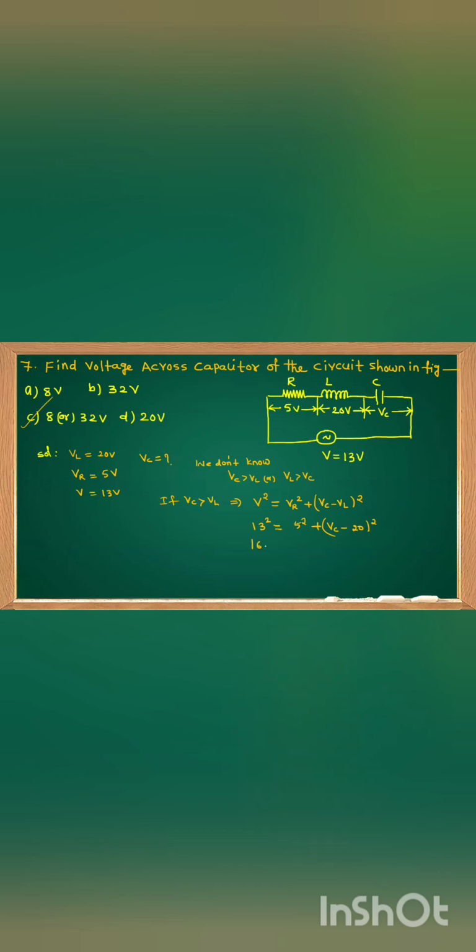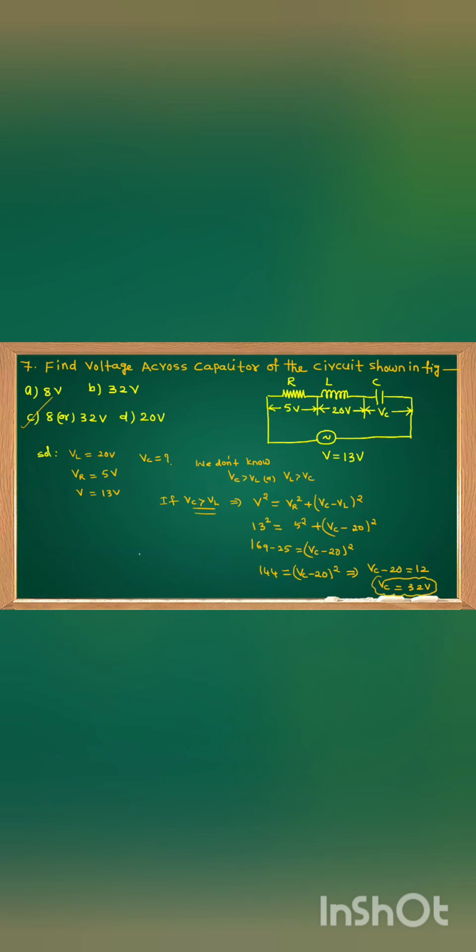This is 169 minus 25, which is 144, equal to VC minus 20 whole square. From this, VC minus 20 is 12 volts. What is VC? 32 volts is right. But I'm assuming that VC is greater than VL.